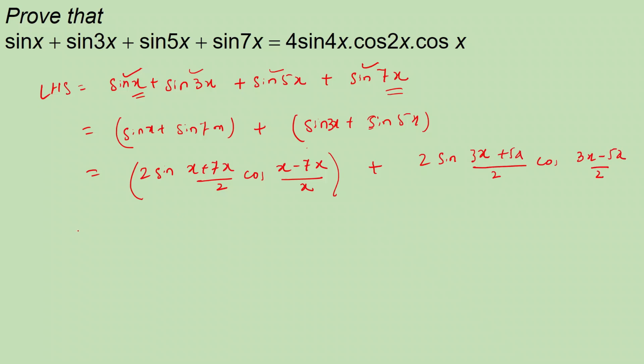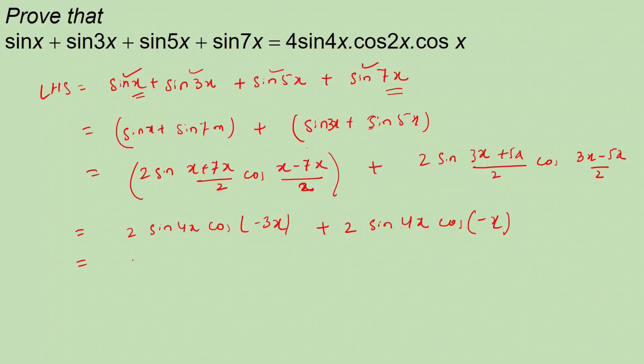Okay, so now you simplify things. 2 sin of x plus 7x by 2, which is 4x, cos of x minus 7x, minus 6x by 2, is minus 3x, plus 2 sin 4x cos of 3x minus 5x, which is minus 2x, by 2 is minus x.